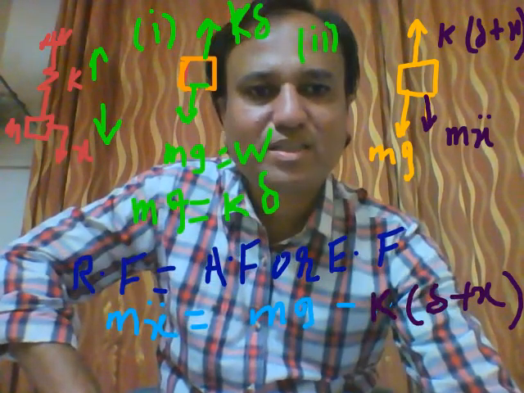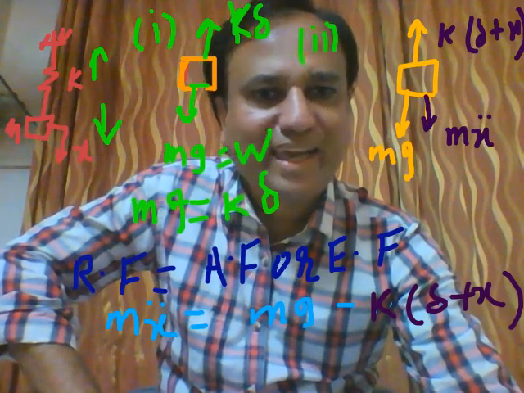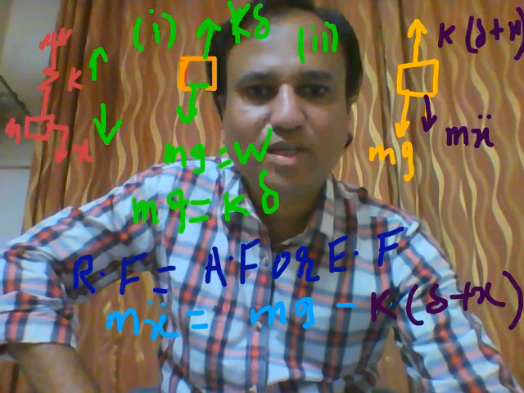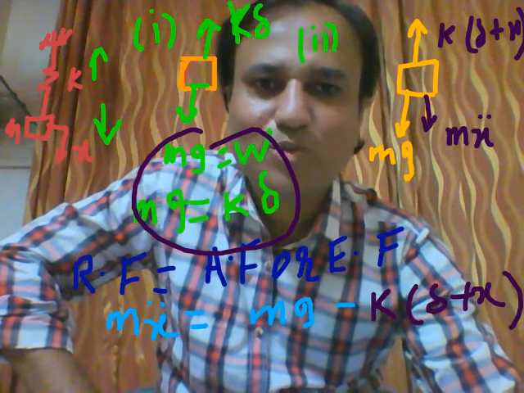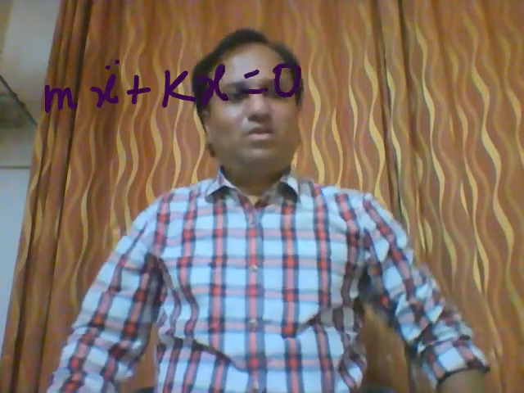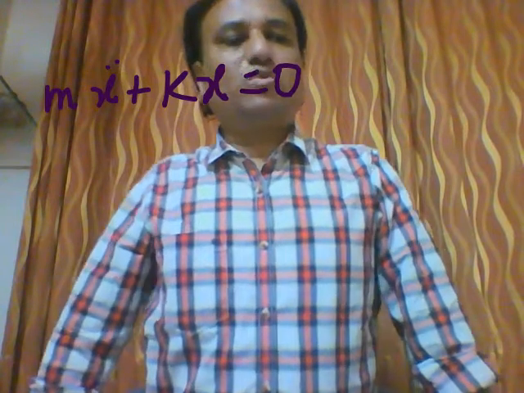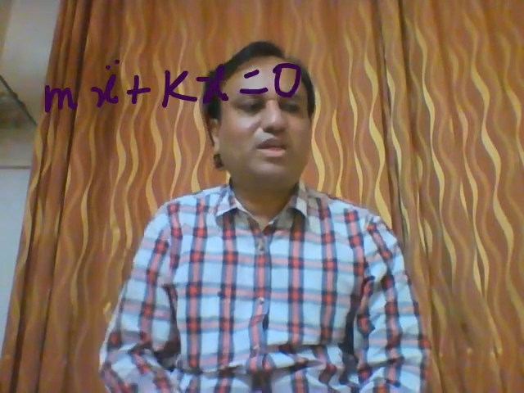So mg minus k delta minus kx, student, okay? So mg is equal to k delta. So final expression same you will get, that is mx double dot plus kx is equal to 0. Since mg is equal to k delta, this term will get cancelled.